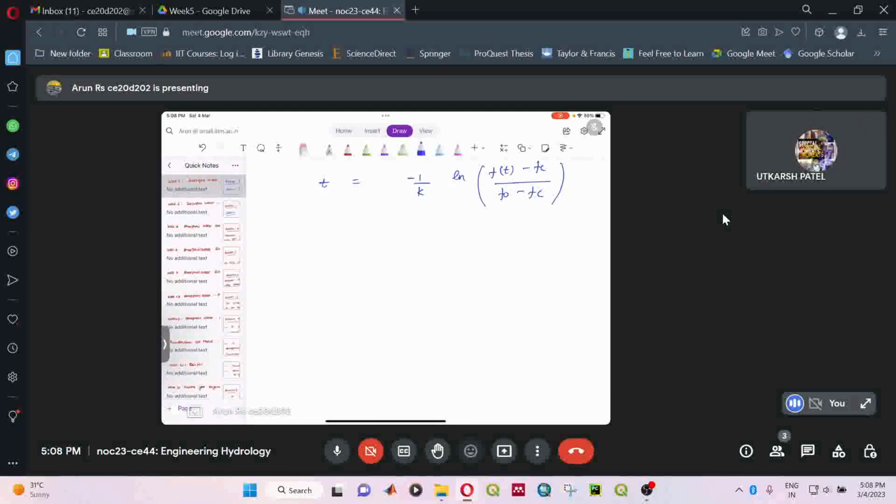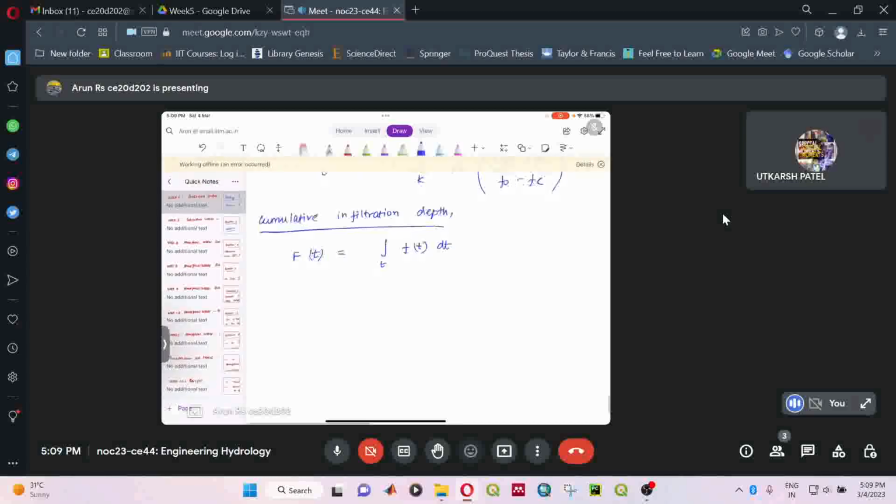Now the cumulative infiltration depth. This is nothing but your capital F. So capital F at any time t is equal to the integral over t of f of t dt. This is the general expression.